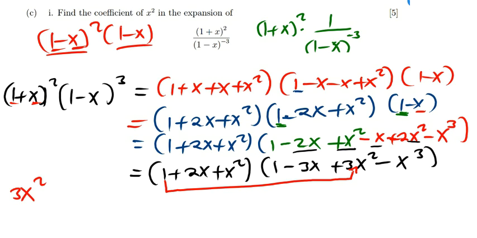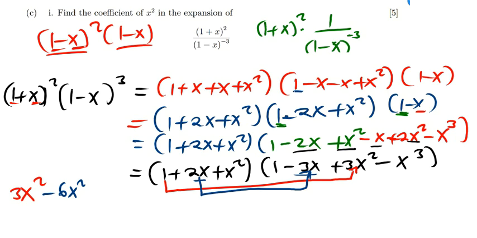Next we check which terms from the first brackets and the second brackets, when multiplied, give x squared. If I do 2x times negative 3x, I'll end up having negative 6x squared. What else?